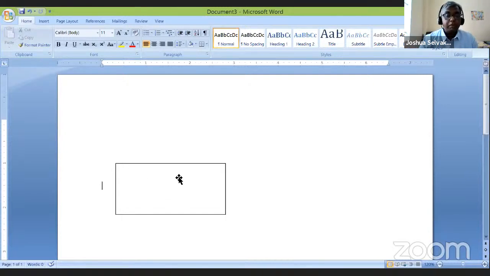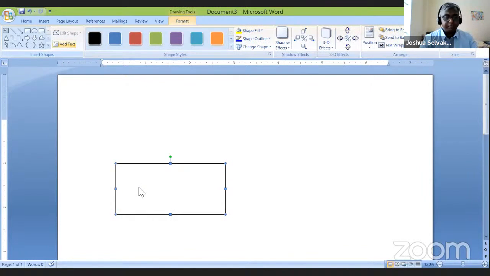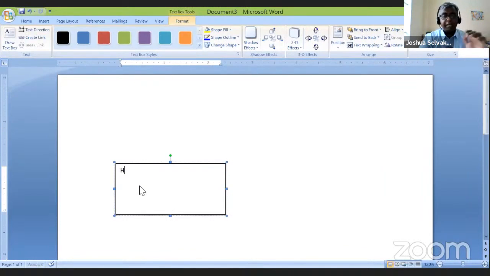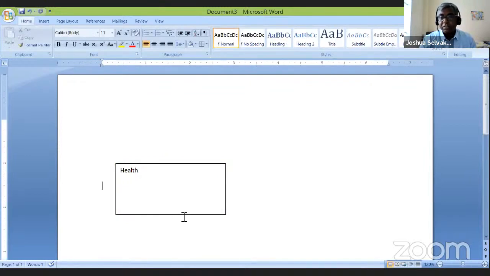Okay, so this box here is what we call a construct. Let me put in, for example, health. The name of this construct is called health. Why? Because you cannot explain health directly. Health is a construct.